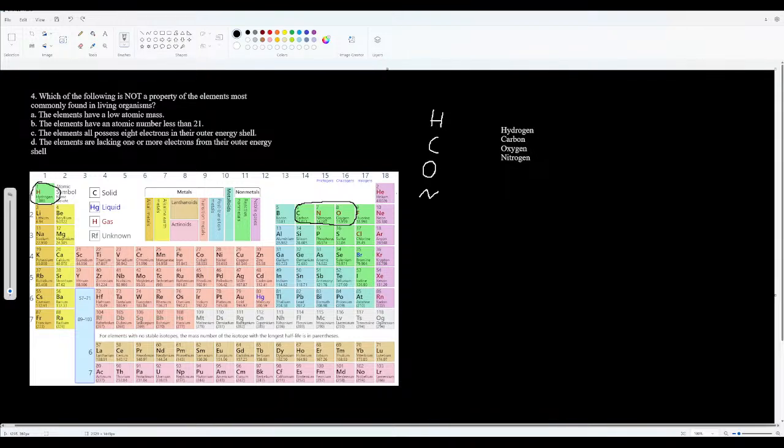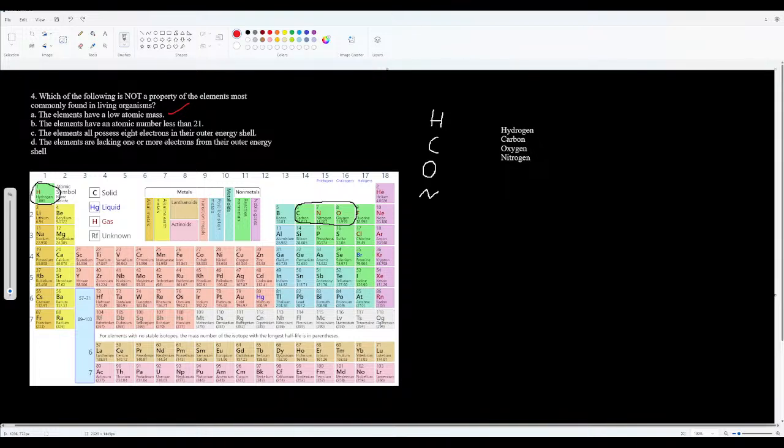So what do these have in common? Let's go down the list. A is saying they all have a low atomic mass. Okay, well, I guess you can say that. Compared to some of these other elements, yeah, they are very low. Look at radon gas. It has an atomic mass of 222.